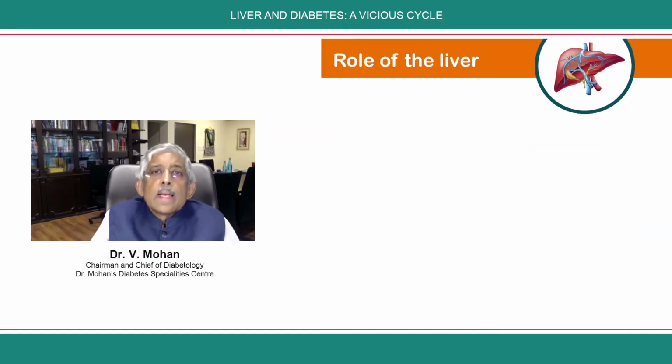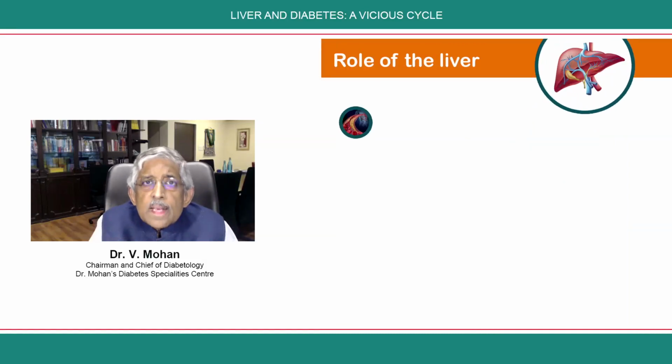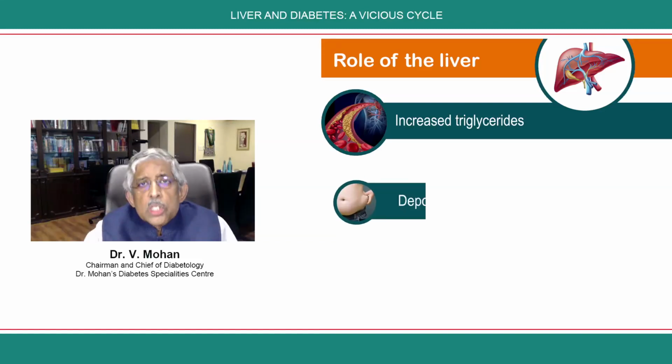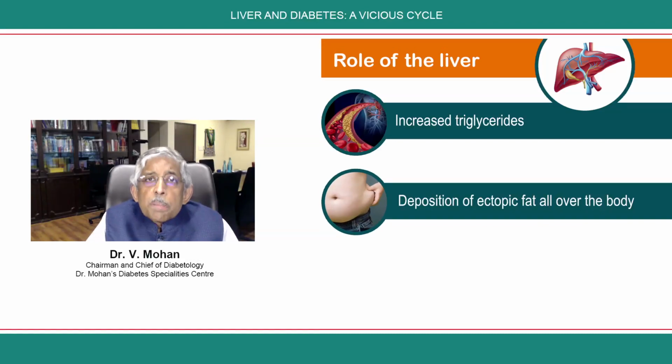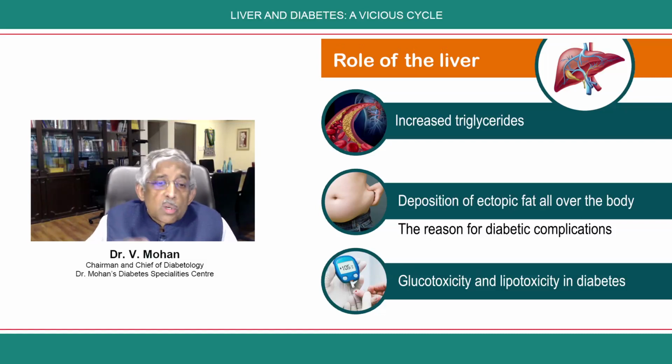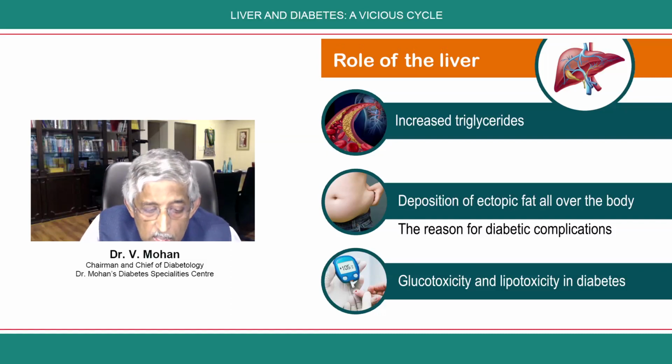Now, the role of the liver is that the liver itself can lead to increased triglycerides, and this increased triglycerides can then lead to deposition all over the body as ectopic fat, which is one of the reasons why diabetic complications set in. We know that when you have uncontrolled diabetes, you have both glucotoxicity and lipotoxicity. Of course, these are reversible in the early stages, but if you leave it, then once a pathway is well established, it goes from stage to stage, and then you will find that many of these people progress on to develop chronic liver disease, fibrosis, cirrhosis, and even to hepatocellular carcinoma.